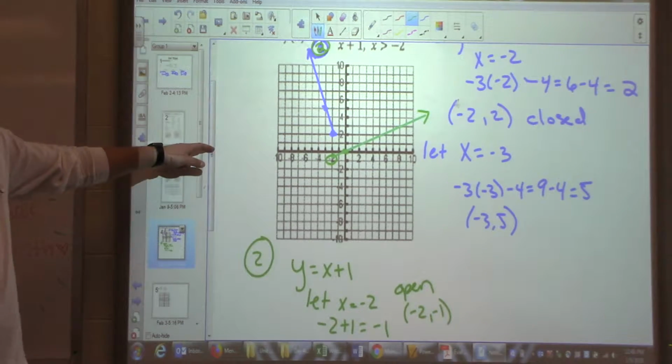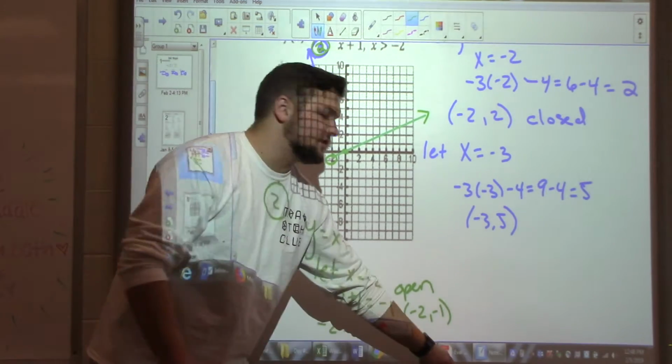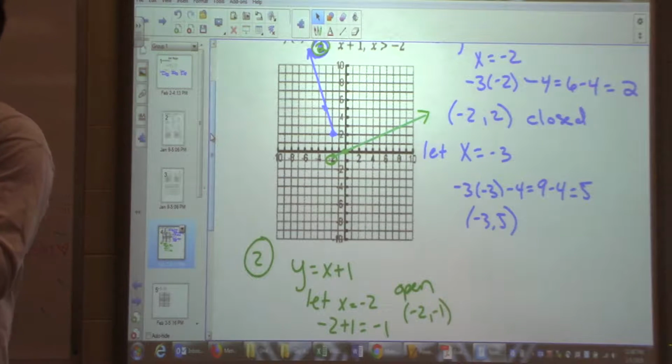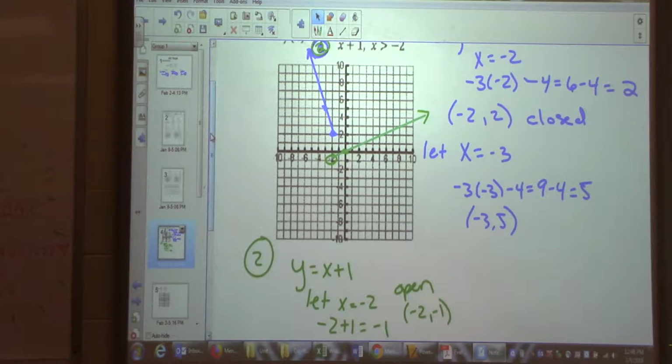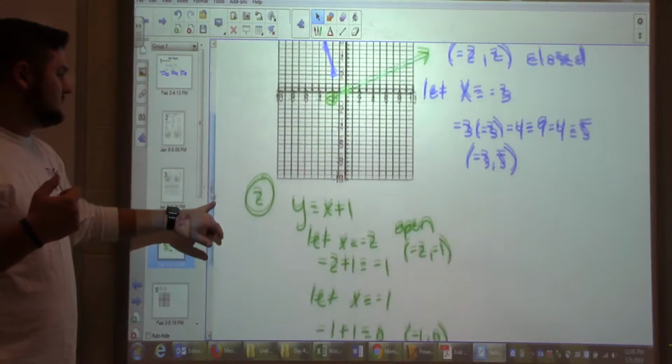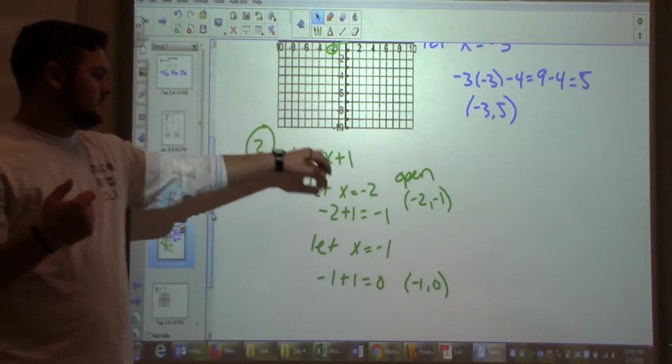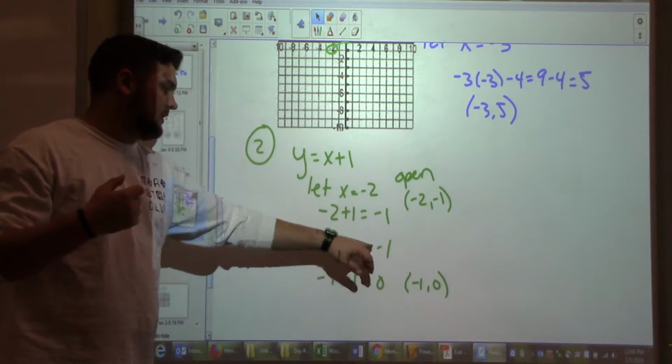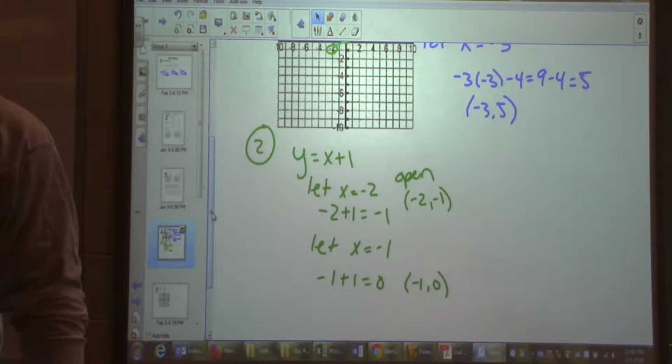And that's my piecewise function. So, remember, always find the endpoints. Then find a point that shows us the direction, and then we can draw them in. Alright? Any questions? Right, the last one, we got negative 2, negative 1. They plug in negative 1, we got negative 1, 0. Okay? Any questions?